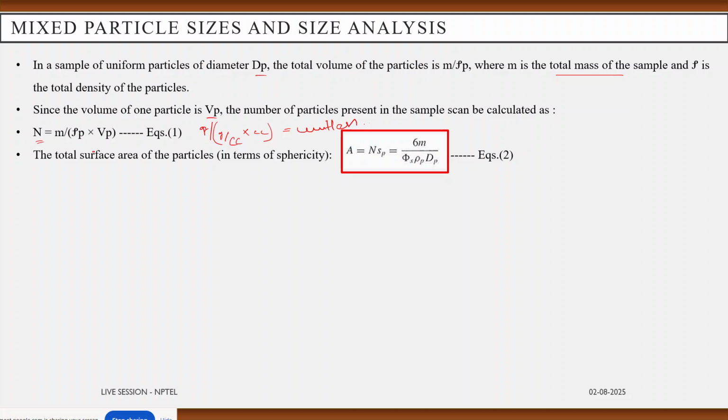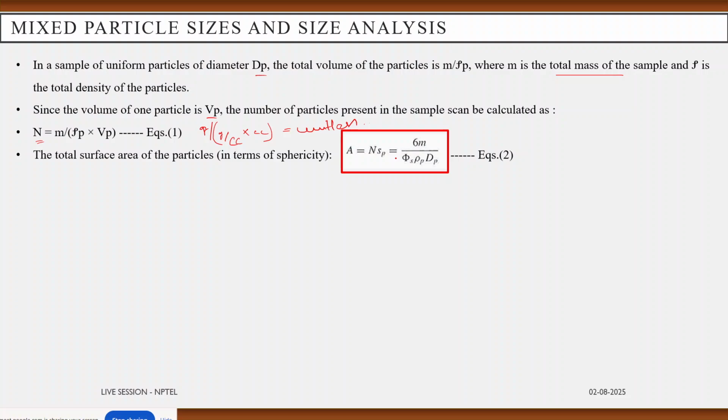Now we want to calculate the total surface area of the particles in terms of the sphericity. In the last class we defined the sphericity, and in this class we want to derive the expression for calculating the total surface area of the particles. It is the specific surface area of one particle into the number of particles.